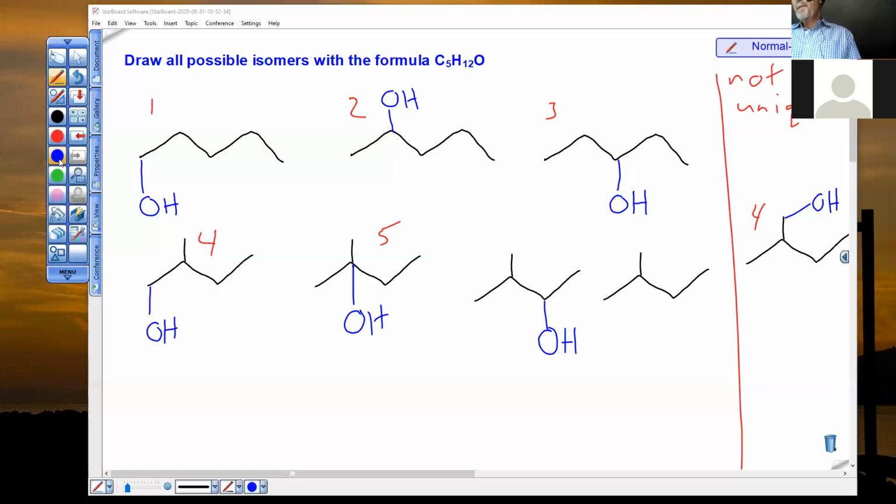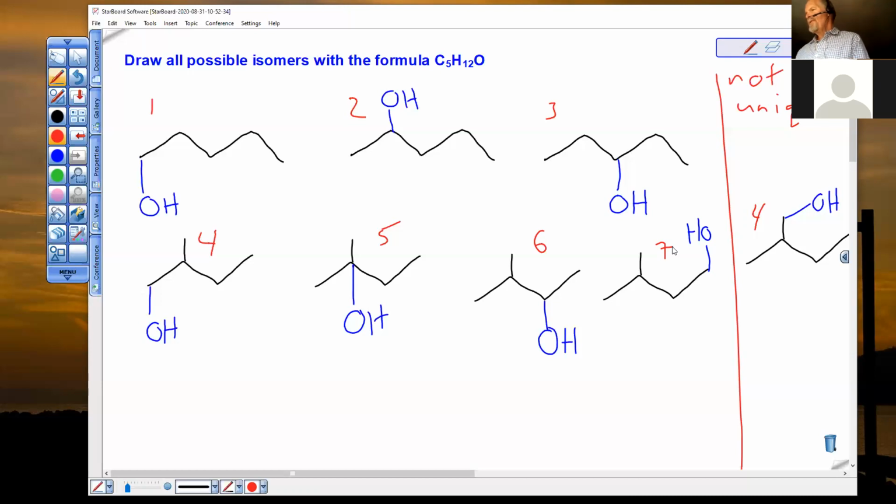But I want to point out the end on the right is different than the end on the left. Oh, don't worry about listing it OH or HO. They are the same thing. But this end is very different than the other end, because this end goes to a C that's got 2 bonds to C. This end goes to a C that only has 1 bond to C. Makes them different. So far, so good. We got 6 and 7. Okay.